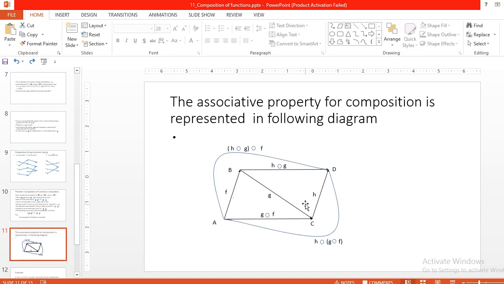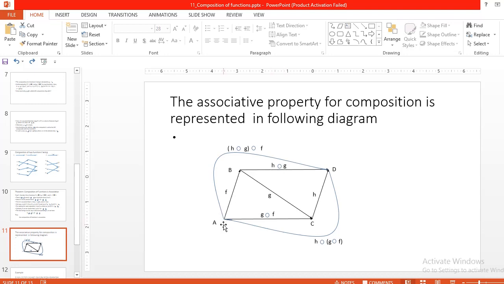From B to C there is a function g, and from C to D there is one function h. So after taking these functions, how can we represent the composite function? Here from B to C, g, and C to D, h. So the composition function from B to D is equal to h composition g, that is, the composition of the functions g and h.